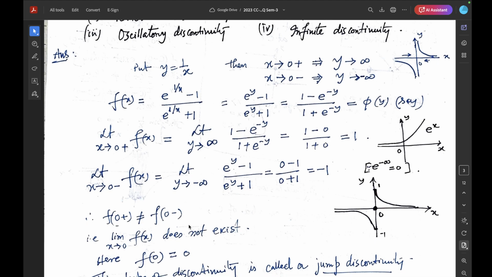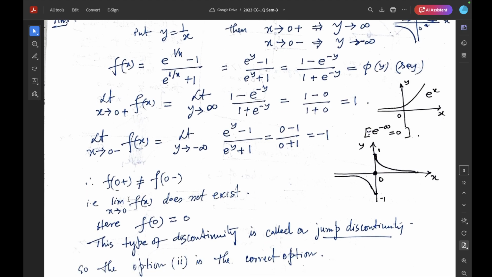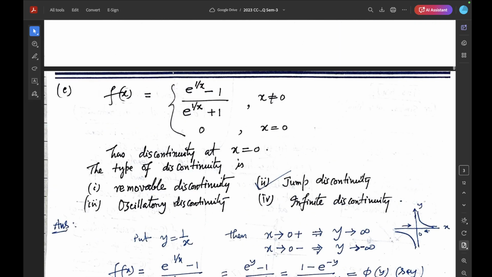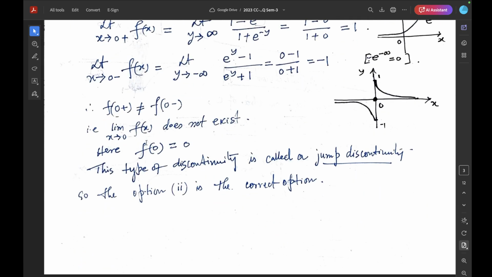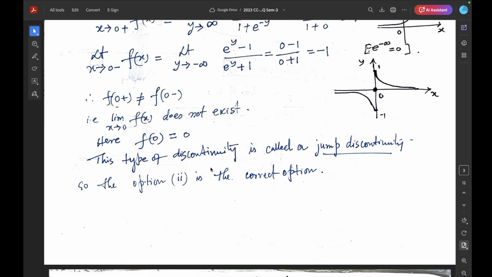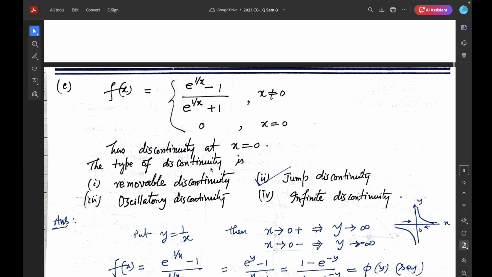So the right hand limit is 1 and the left hand limit is minus 1, so they are not equal. The limit as x tends to 0 does not exist. Here f(0) equals 0, and this type of discontinuity is called a jump discontinuity. So the correct option is 2, jump discontinuity.